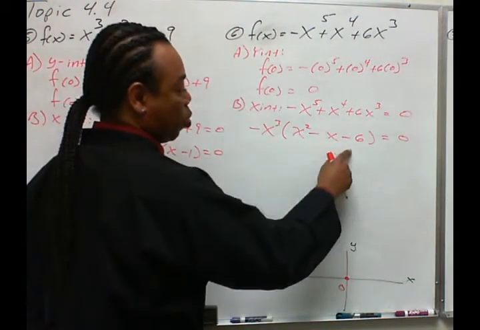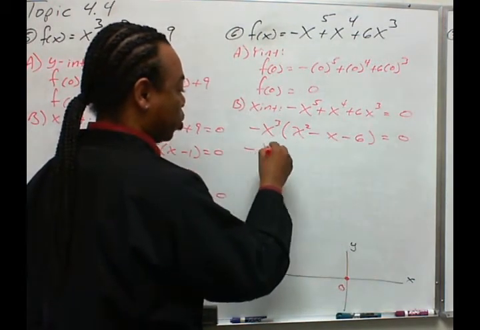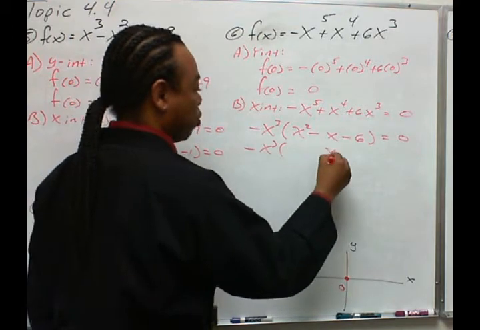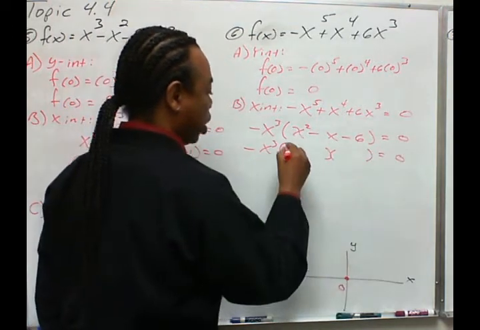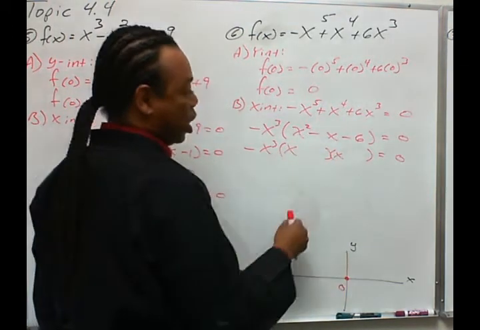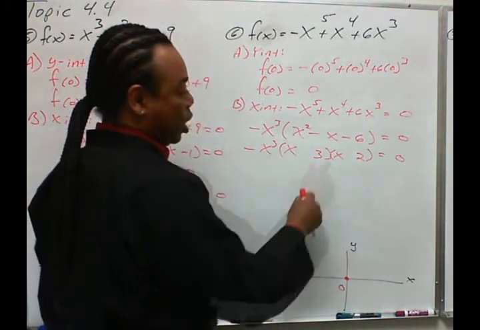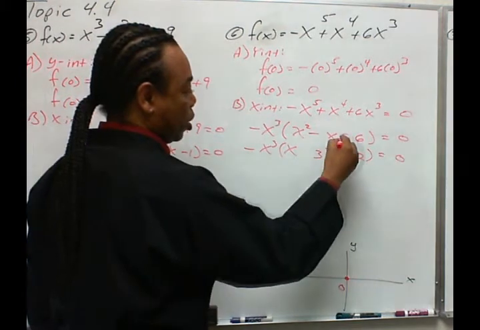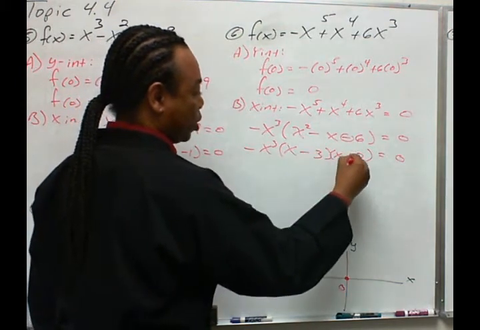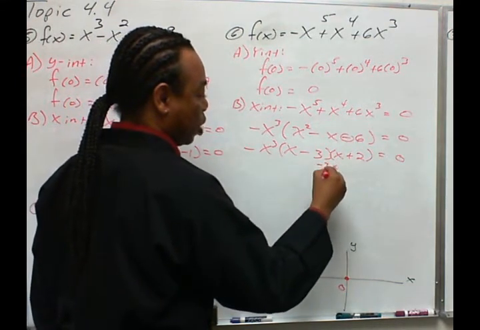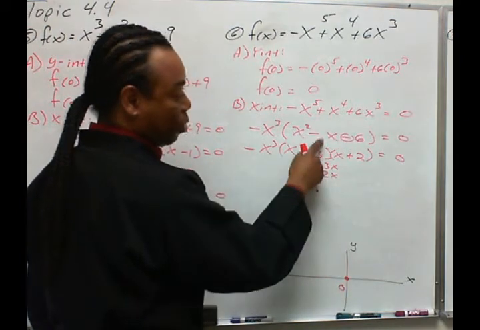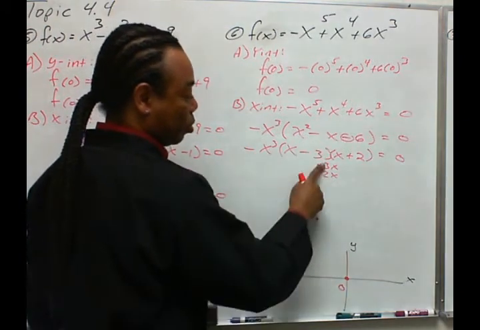This trinomial is a quadratic and can be factored into 2 binomials. So factoring this into 2 binomials, we'll have x times x, and then for the 6, let's make that 3 times 2. The signs have to be different, so we'll make this into a negative 3 and a positive 2, which gives us negative 3x and positive 2x, which does give us our middle term of negative x.